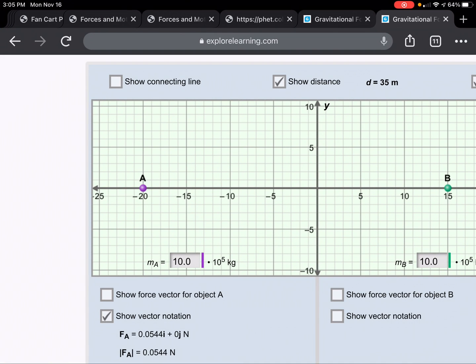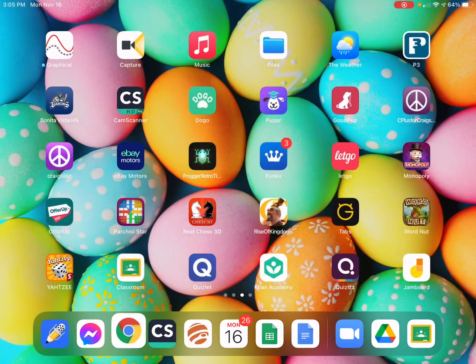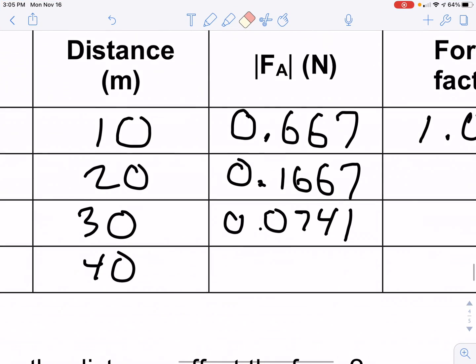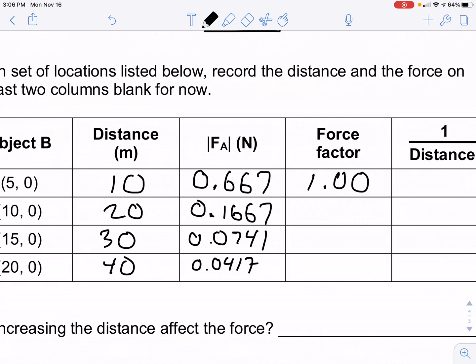To -20 and 20. And you can see the amount of force on A has reduced itself even more to 0.0417. Okay, now we can do a little bit of math. How does this compare to this? Well, here's what we're going to do.